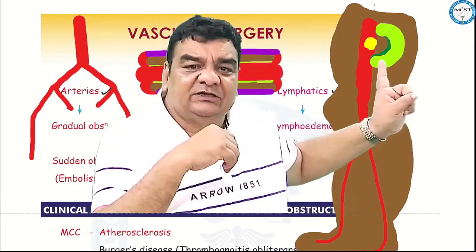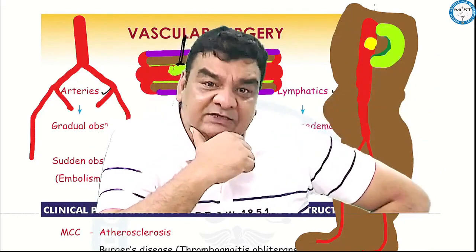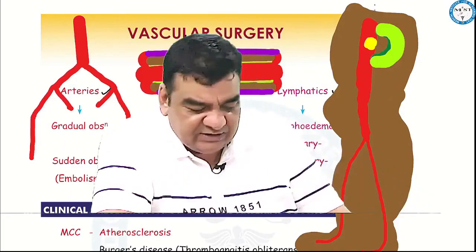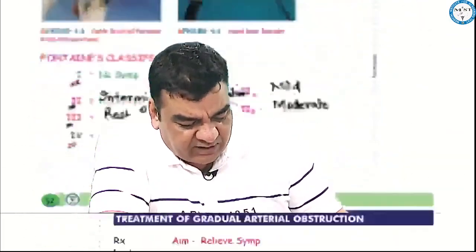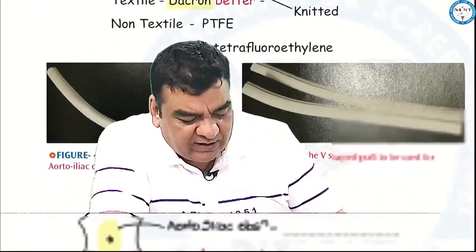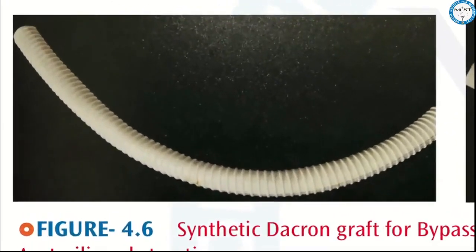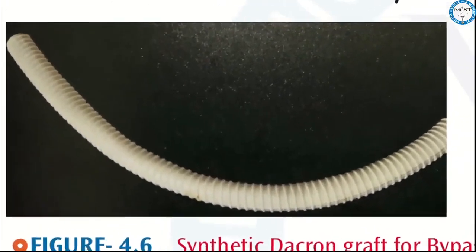However, beta, these grafts what you're seeing here are also available in the market, synthetic grafts. These grafts available in the market may be made of textile material or non-textile material. These are synthetic grafts what you are seeing. They are available at the chemist shop, right?